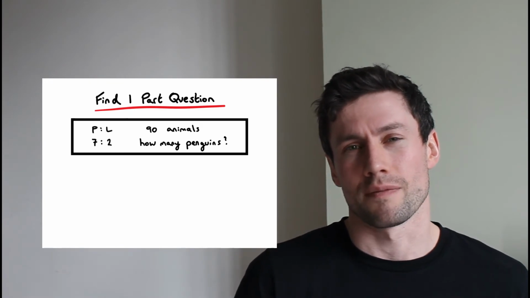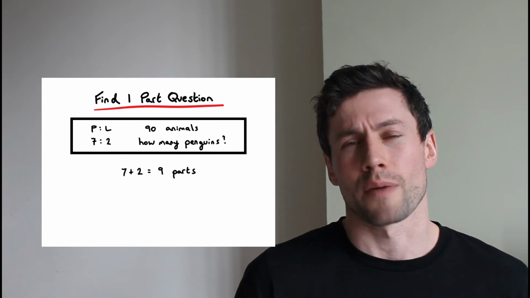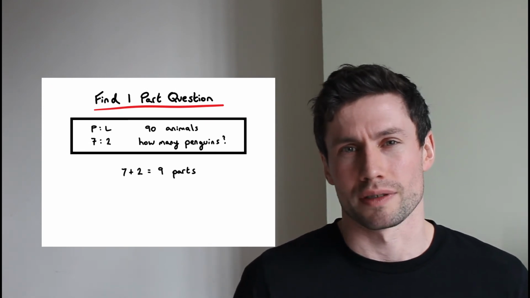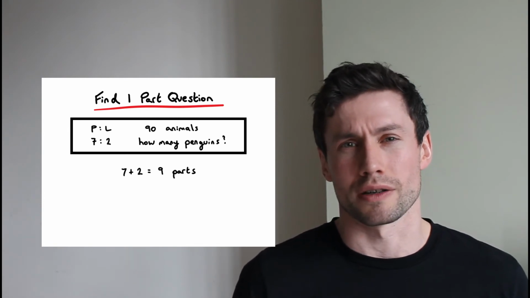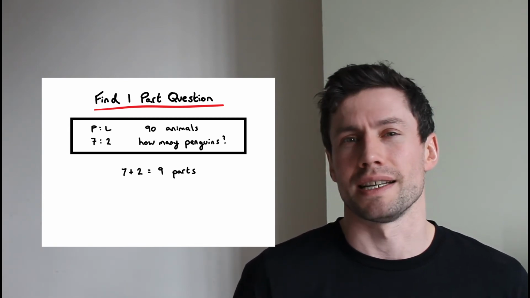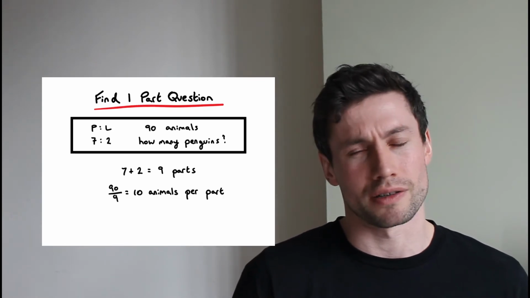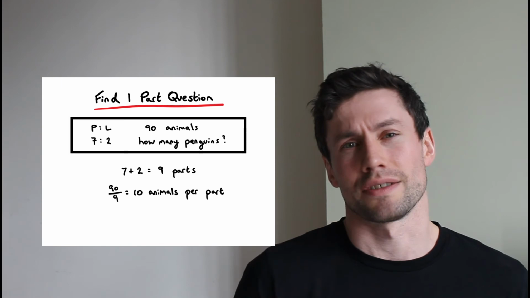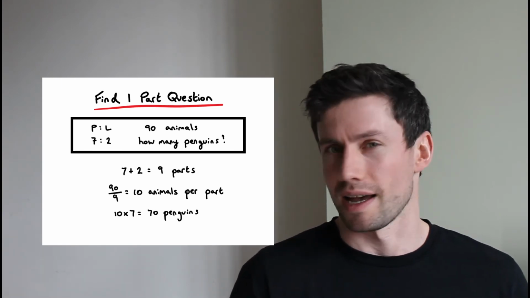We find this out by adding together the 7 and the 2 to get 9 parts. And we then divide the overall number of animals by this number of parts to find out how many animals are in one part. 7 plus 2 is 9, and 90 divided by 9 is 10. So we have 10 animals per part. We can then quickly ascertain that there are 70 penguins in this zoo and there are just 20 lions.